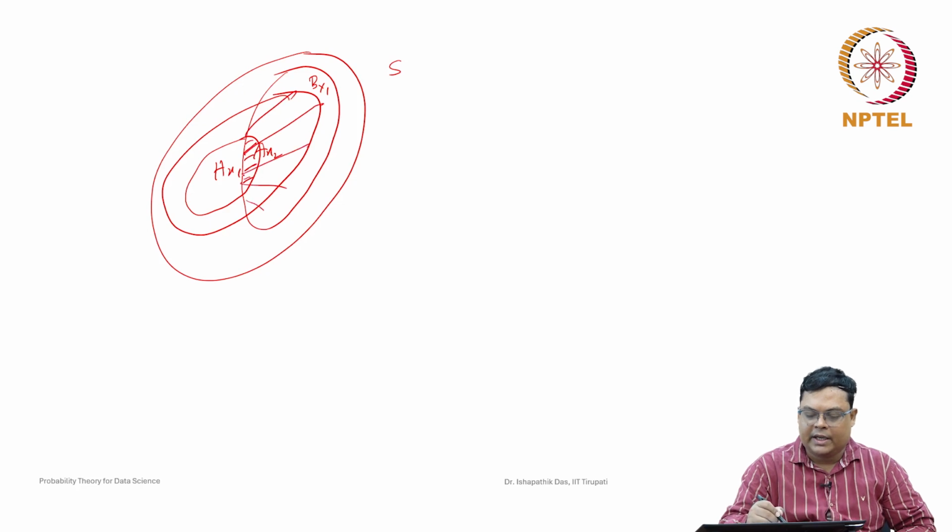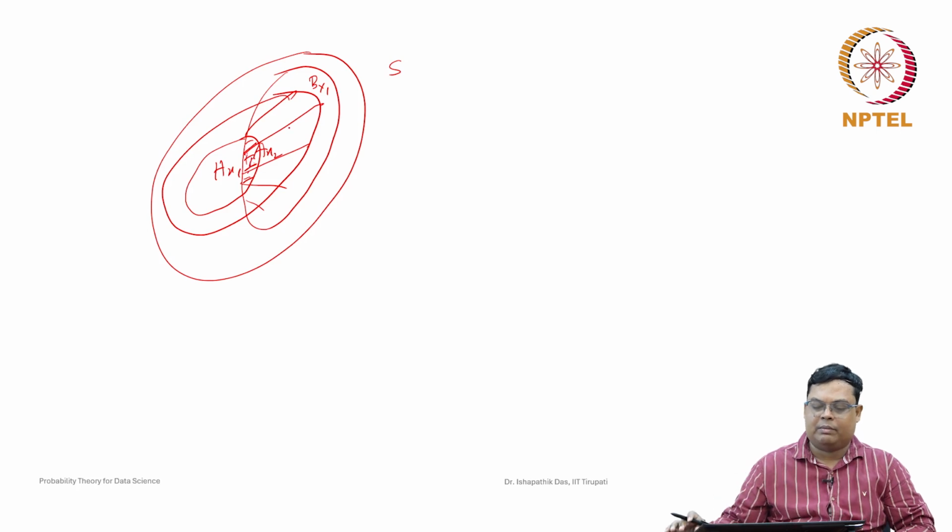So that means A_x1 intersection B_y1 will be a subset of A_x2 intersection B_y1.